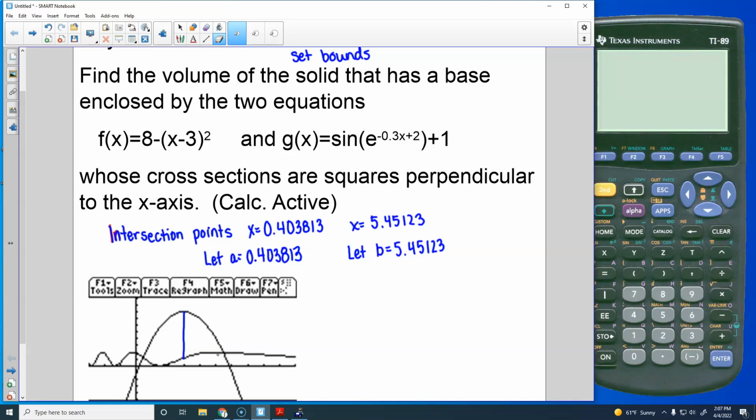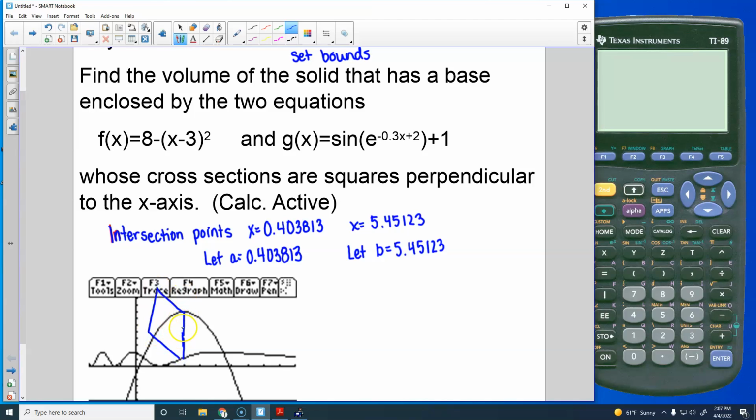I'm trying to. It would be perpendicular to the base there. The bottom of the square is going to be this vertical piece right here because it's perpendicular to the x-axis. So I'm going to call that little sliver right here.